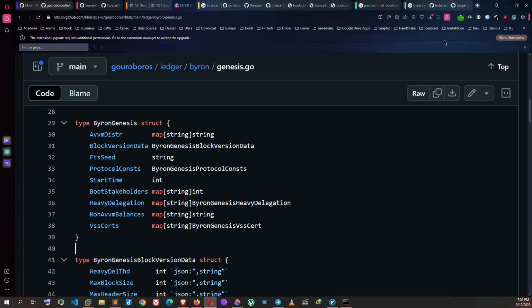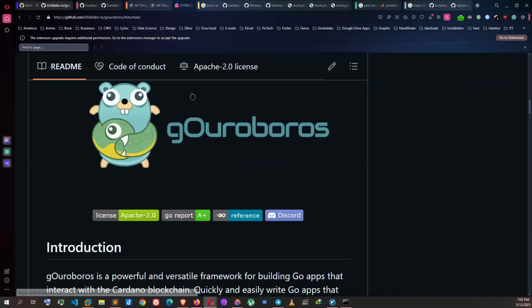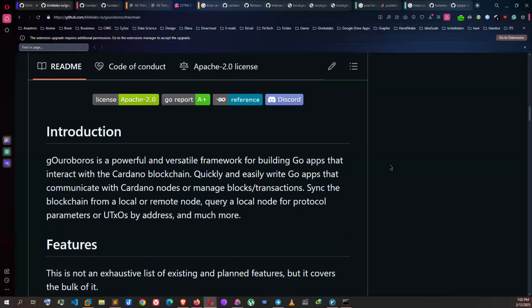So Goroboros's primary thing is to provide primitives that are used at the protocol layer. All of the main communications and all of the shapes of those communications are being built in there, into our ledger section, which is basically the equivalent of the Cardano ledger.